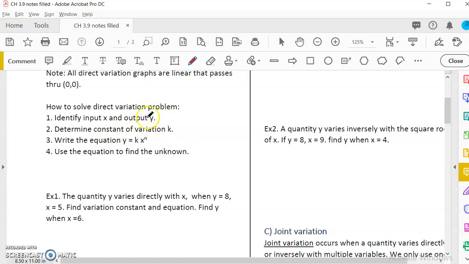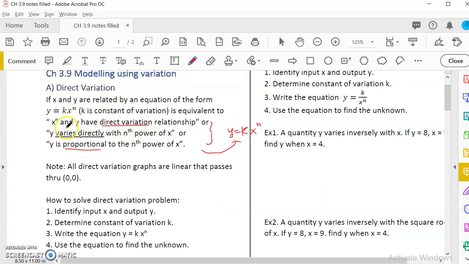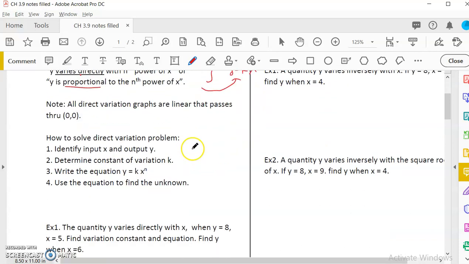The output is the one that varies, and the input is the one it is varied with. Don't mix them up, because the variation constant is different.